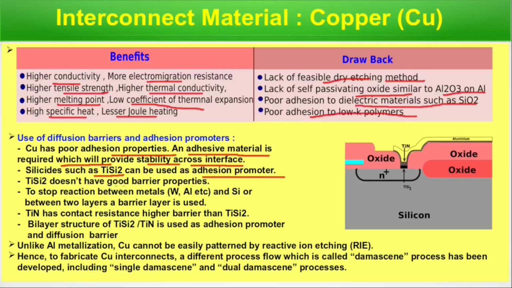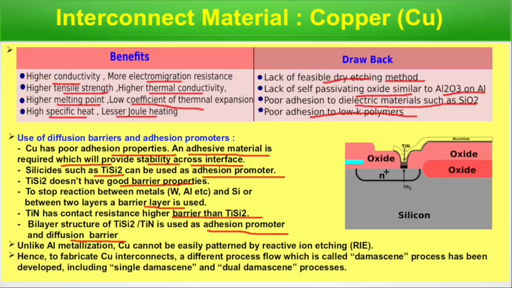TiSi2 does not have good barrier properties. So, to stop reaction between metals, that is tungsten, aluminum, etc. and silicon, or between two layers, a barrier layer is used. Titanium nitride has contact resistance and a higher barrier than TiSi2. A bilayer structure of TiSi2 and TiN is used as adhesion promoter and diffusion barrier.